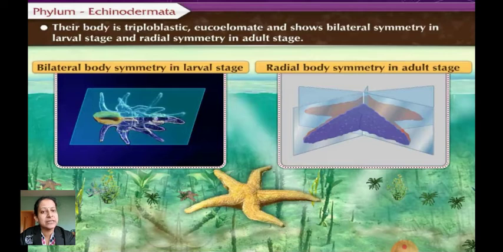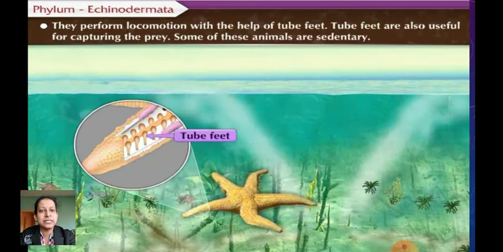When they are larvae, at that time they show bilateral symmetry. Otherwise, when you were learning about the new criteria for classification, you learned that the starfish has radial symmetry, or echinoderms have radial symmetry. But in the larval stage they show bilateral symmetry.